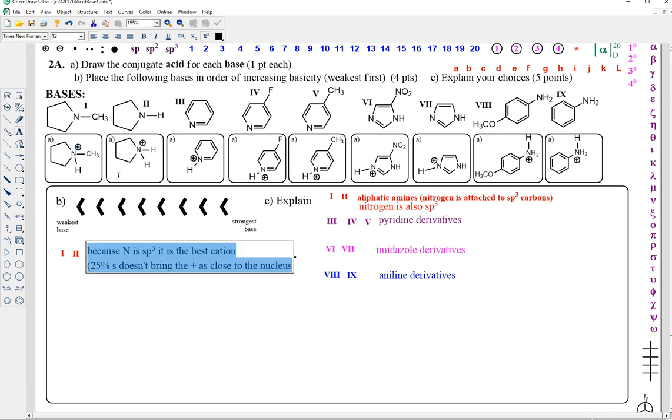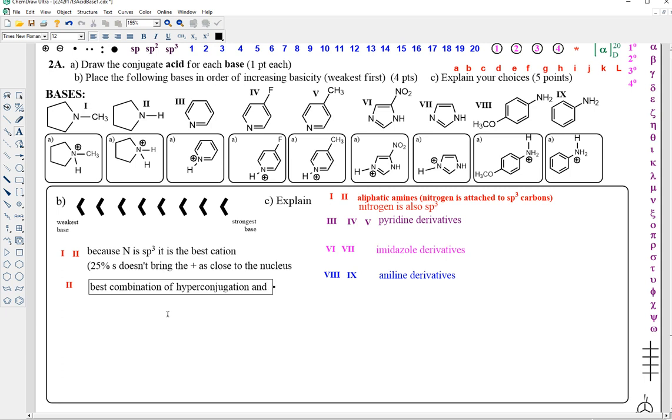Secondary, which is 2, has the best combination of hyperconjugation and hydrogen bonding when N is plus.